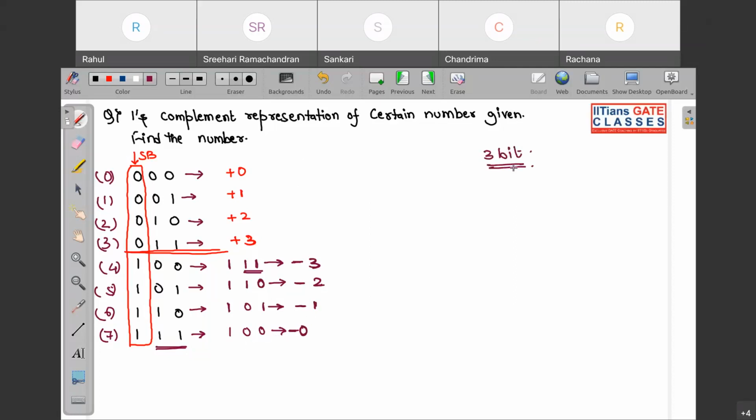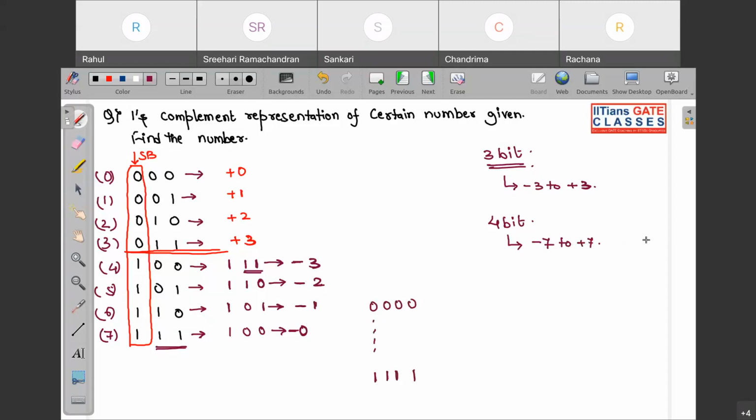With the help of 3 bits, I have represented numbers from -3 to +3. Now if this was 4 bits, I could have represented numbers from -7 to +7, from 0, 0, 0, 0 to 1, 1, 1, 1.